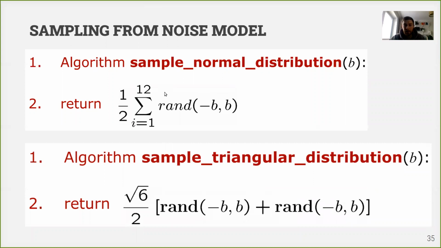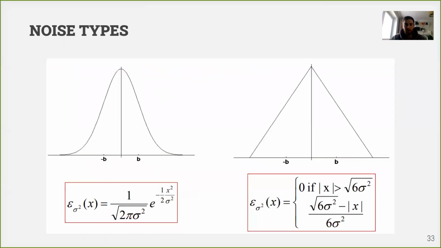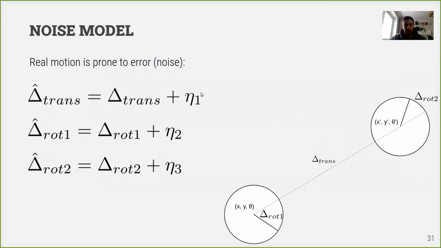And another thing, we want to sample from such distributions. What does it mean, sample? For instance, here in our equation, imagine we have several hypotheses of our motion, right? If you remember the particle filter we discussed last lecture, there we used different hypotheses.